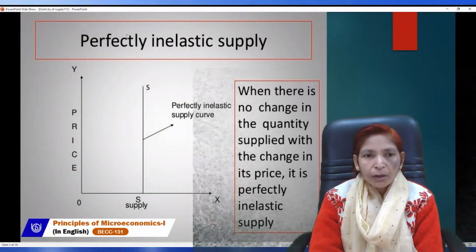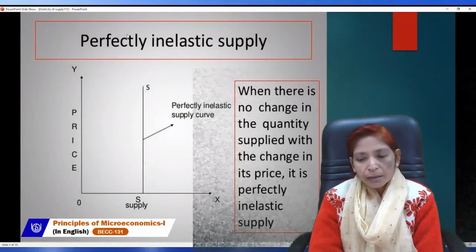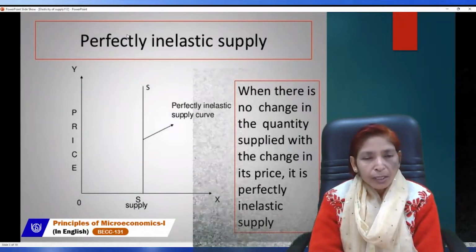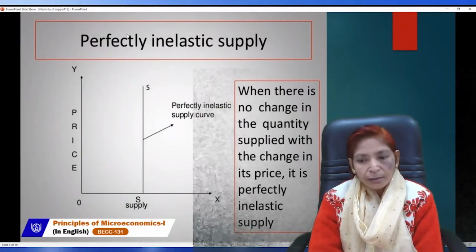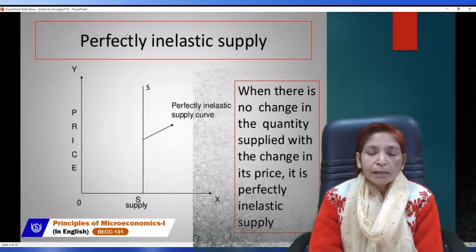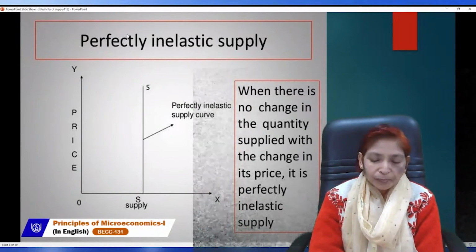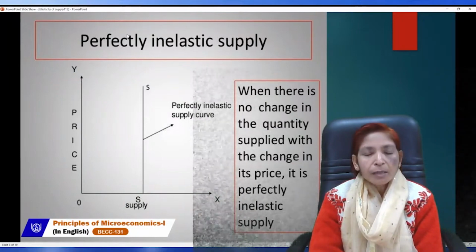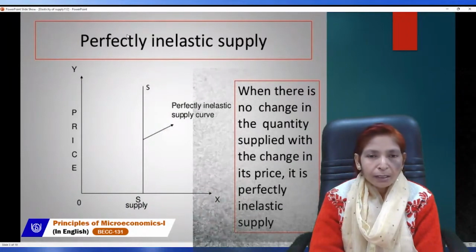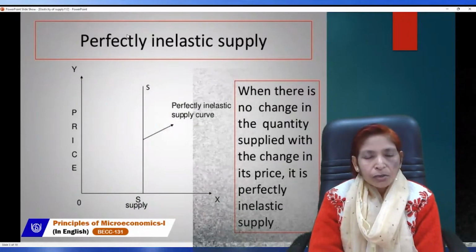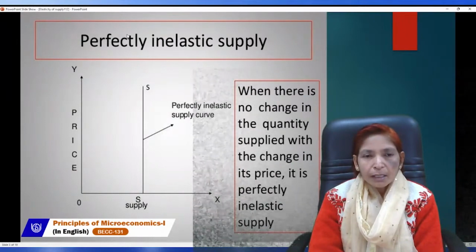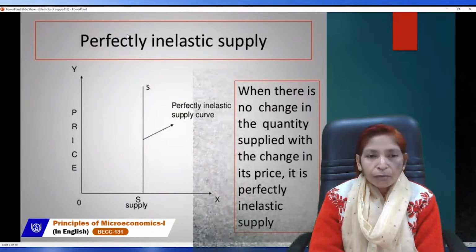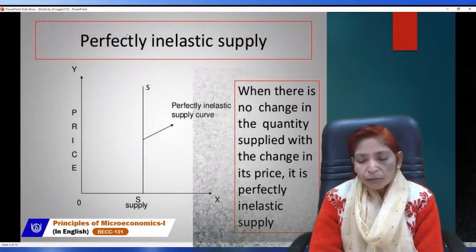Sometimes the monsoon occurs in a very good condition, and then crops will be produced more. If a situation like flood or drought occurs, then agricultural production will fall drastically. So agricultural product supply remains inelastic. In this case, the supply curve will be vertical or parallel to the y-axis.